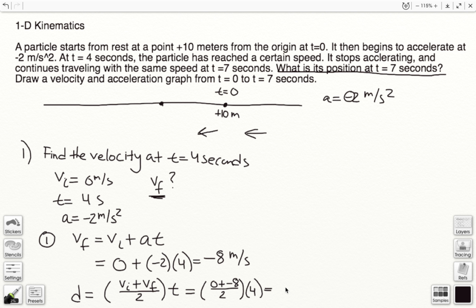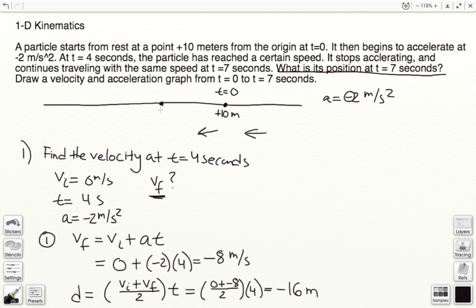This gives me a displacement of -16 meters. So from time 0 to time 4, I've gone a displacement of -16 meters. I started at plus 10, so after 4 seconds, I've gone -16 meters to this point.